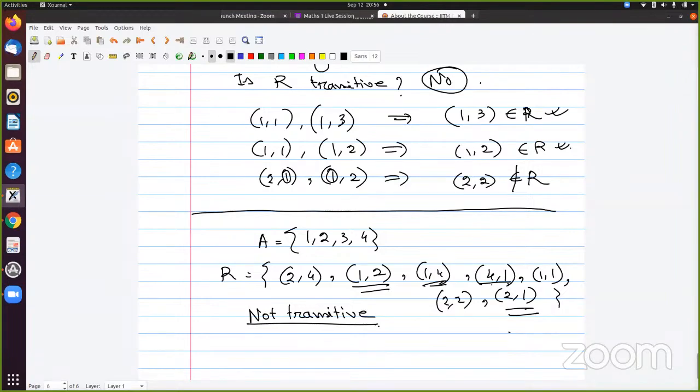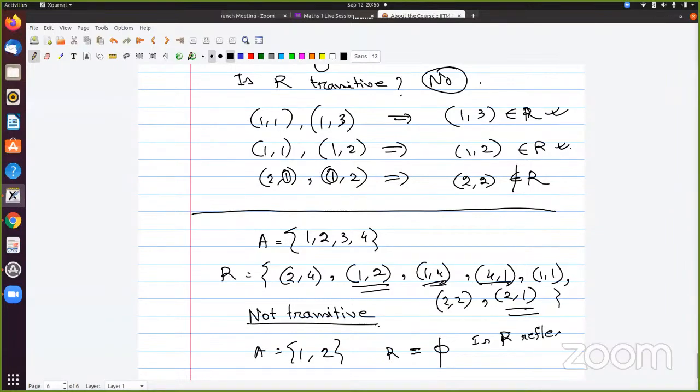But if you have started with, suppose, the set 1 comma 2 and your relation is a null set, then tell me, is R reflexive?